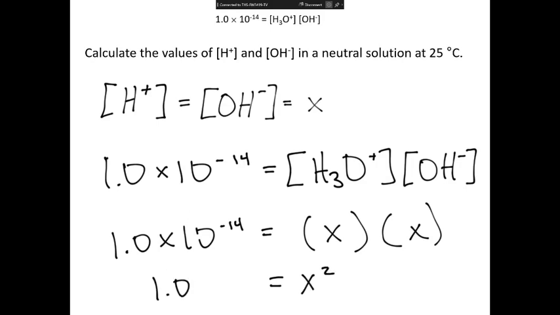X squared equals 1 times 10 to the negative 14th. Now I'll just solve this for X. Take the square root of both sides. And I'm going to end up getting that X equals 1 times 10 to the negative 7th.